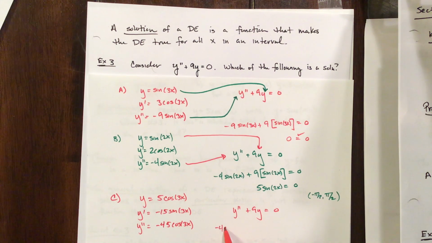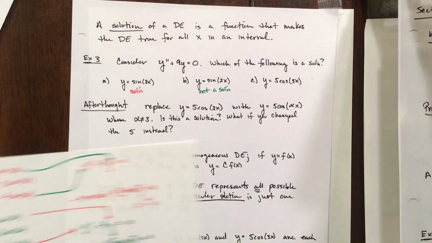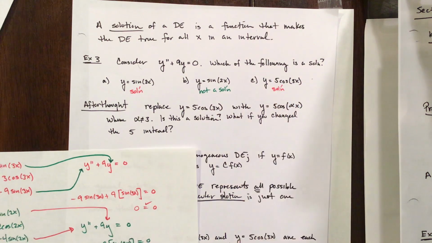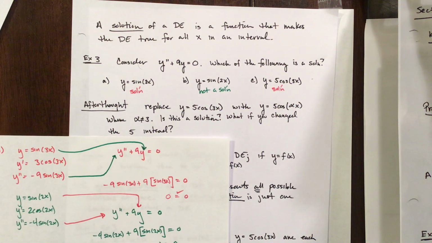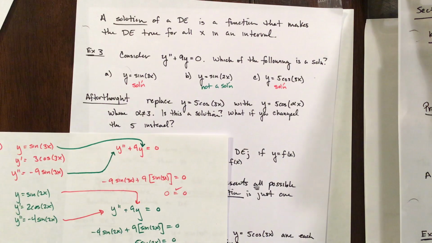So that's minus 45 times the cosine of 3x plus 9 times whatever y is. What is y? It's 5 cosine 3x. And minus 45 plus 45, we get 0 equals 0. So that is a solution. So what we have here is two solutions to this second order linear homogeneous differential equation.